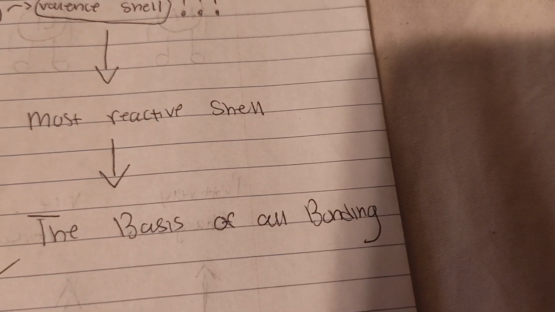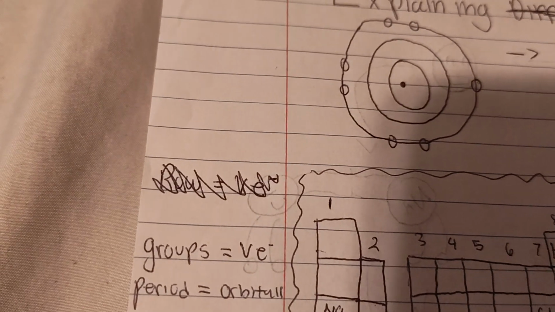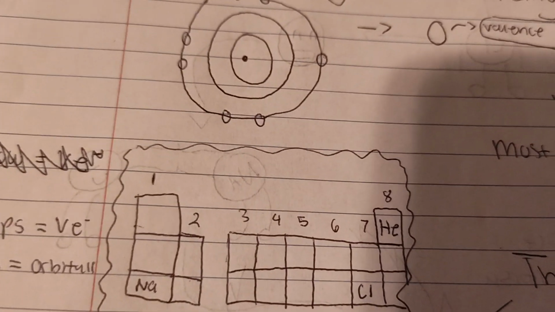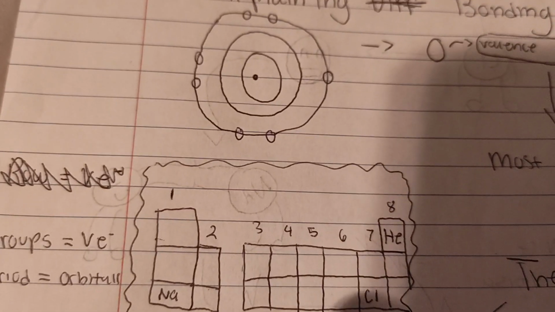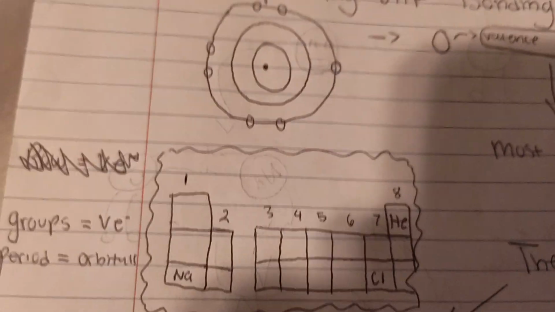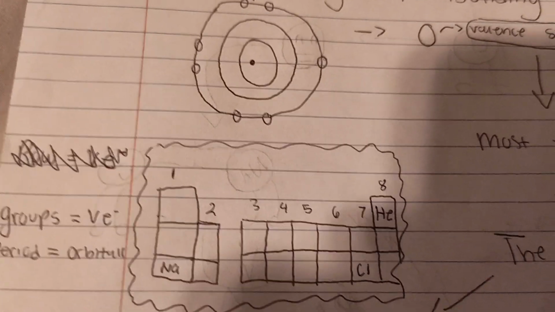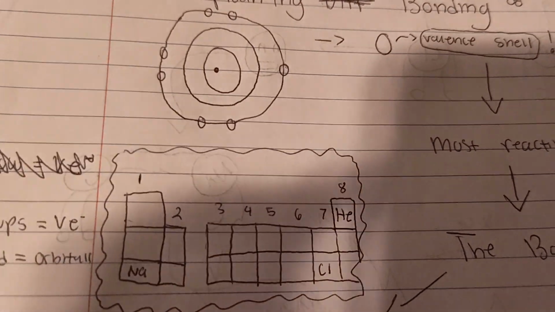Let's go over one thing first before I start talking about bonding. You have these things called groups and periods on the periodic table. The groups are the columns, so 1, 2, 3, 4, 5, etc. Those show you how many valence electrons are in each element, skipping the metals in between.